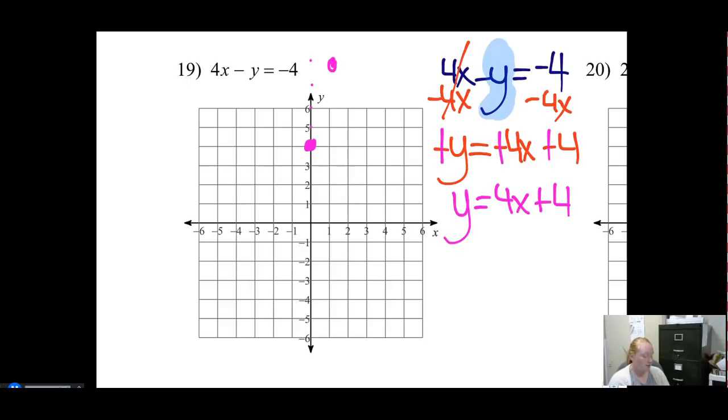So when I go backwards, I'm going to go down 4, and I'm going to go left 1. I'll connect my dots and see if they make a line. They do. I add my arrows, and I check that from left to right, my line in fact moves upwards, which it does.